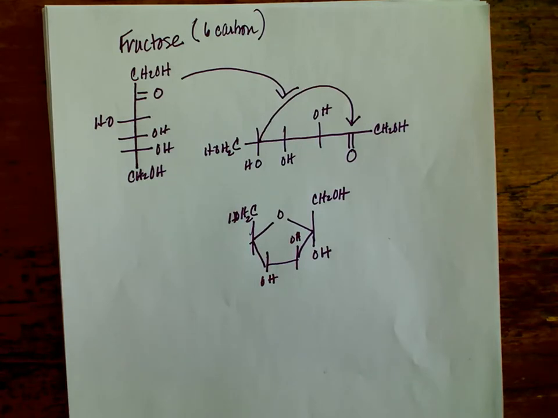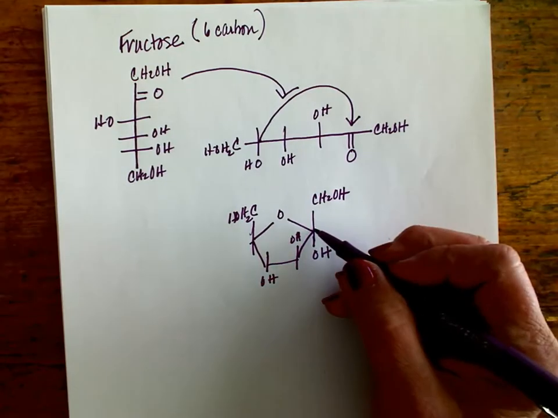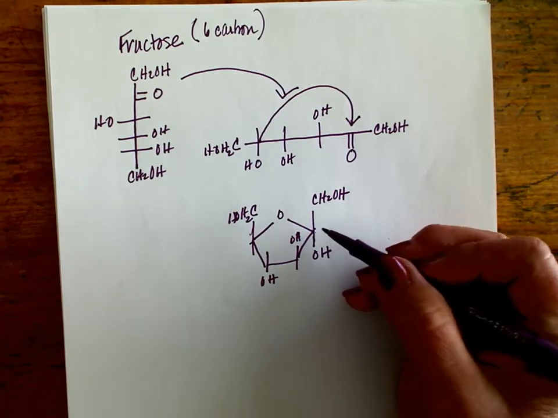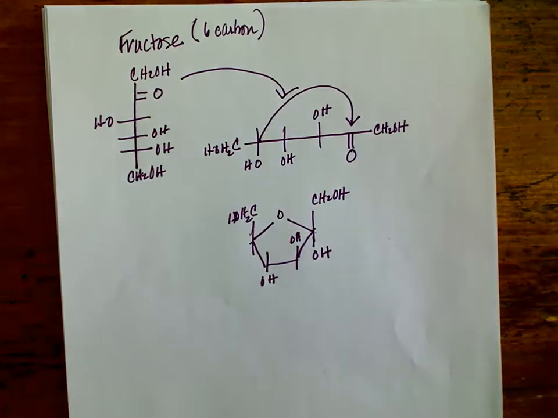And of course, again, there's free rotation about this carbon, so we will have either an alpha or a beta fructopyranose here. So that's it for now. You are responsible, as I said, for drawing these structures in both forms, Fischer projections and the Haworth projections.